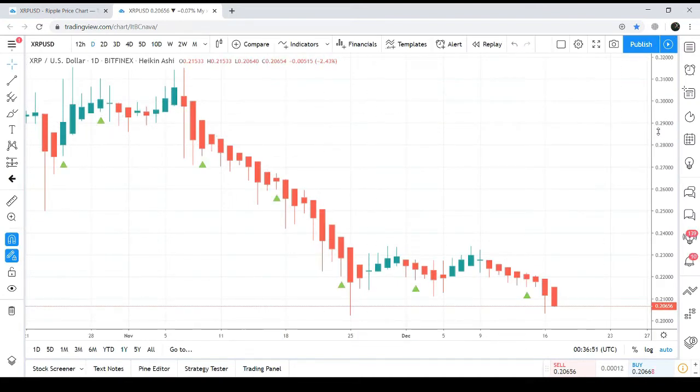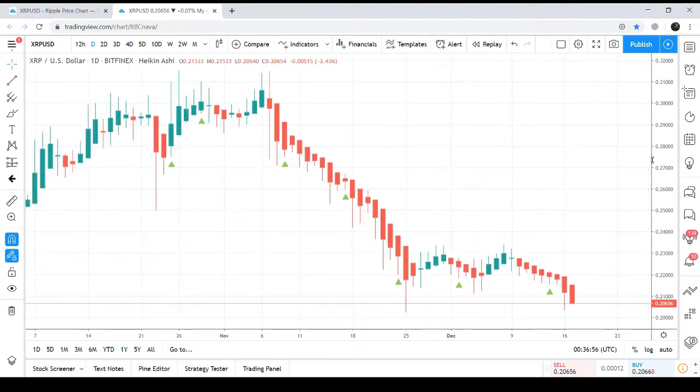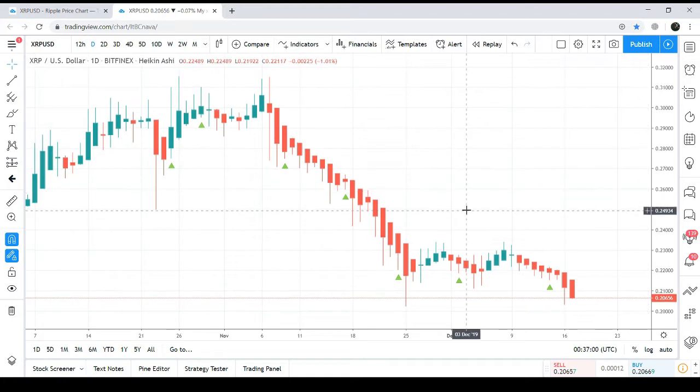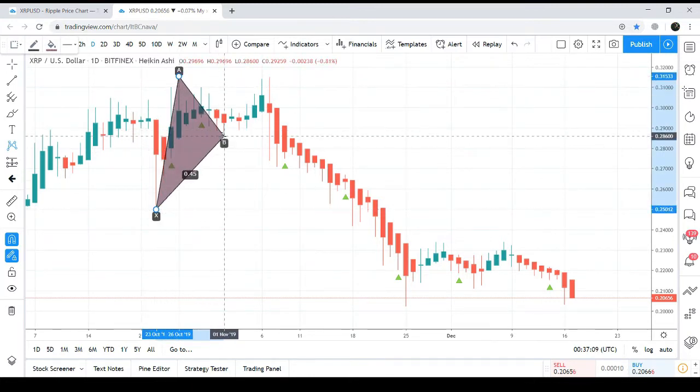Right, in my previous idea, I have already posted that XRP was forming a bullish crab pattern, like this was a pattern. This was the initial leg, and the A to B leg was retraced between 0.382 up to 0.618 Fibonacci, and the B to C leg was retraced even more than 0.886 Fibonacci.